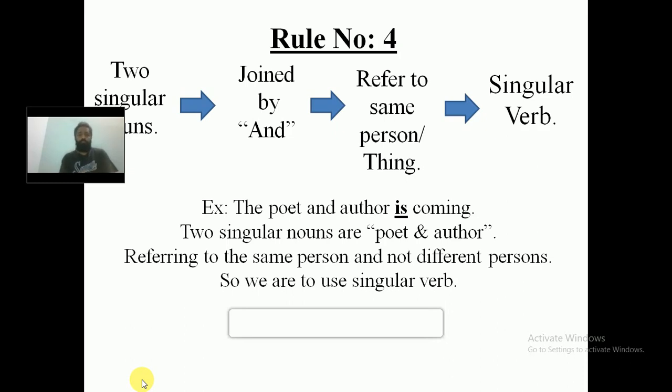I'll give one more example here. The player and dancer has come. Two singular nouns, player and dancer, joined by the word and, and these two nouns are referring to the same person and not different persons. So we have used the singular verb, that is has. The player and dancer has come.